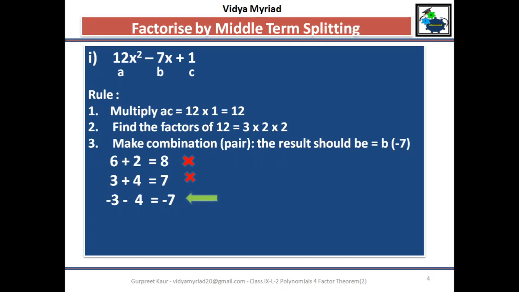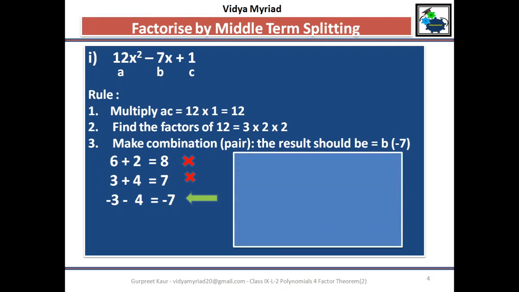That is the right combination. Now I will break -7x into these two, that is -3 and -4.